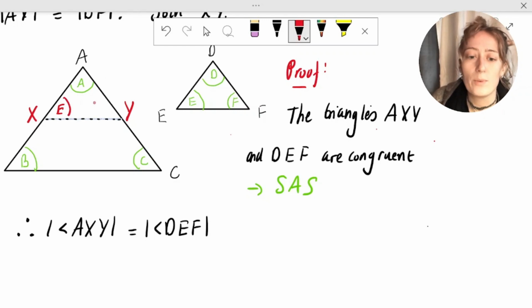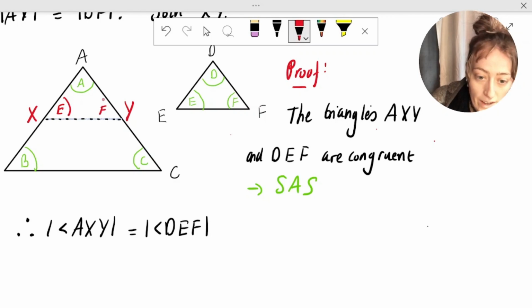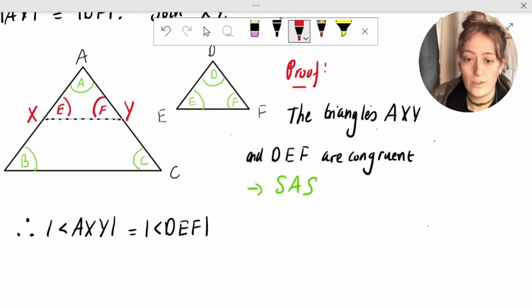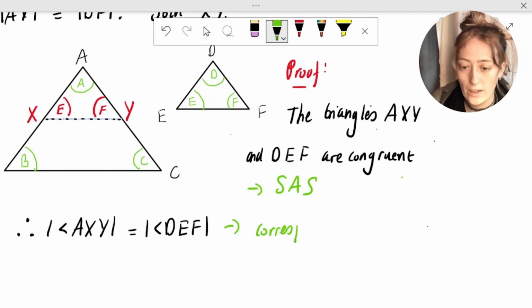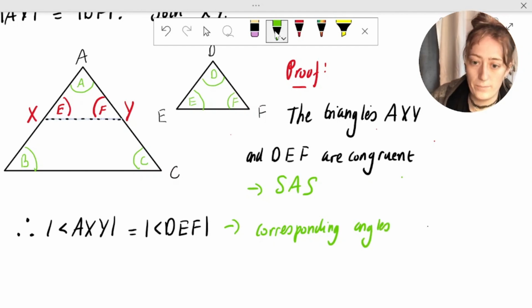And similarly, guys, we can also say that DFE is the same as AYX, so I'm just going to mark this in as angle F straight away. Cool. And the reasoning for this, we can just say, is corresponding angles. Okay, lovely.